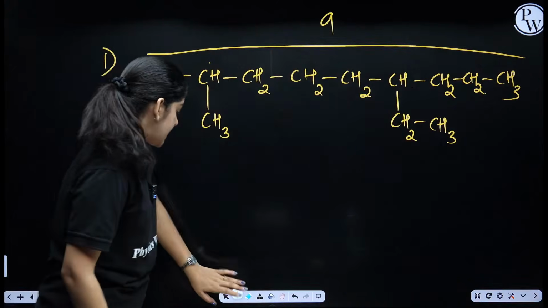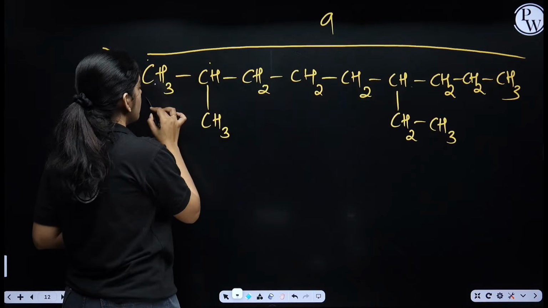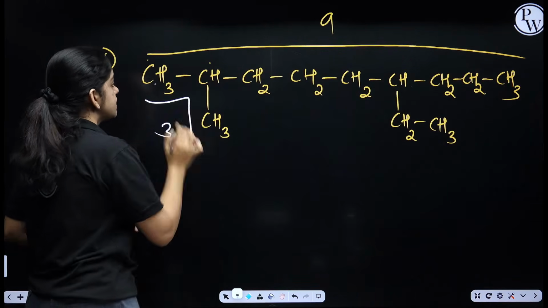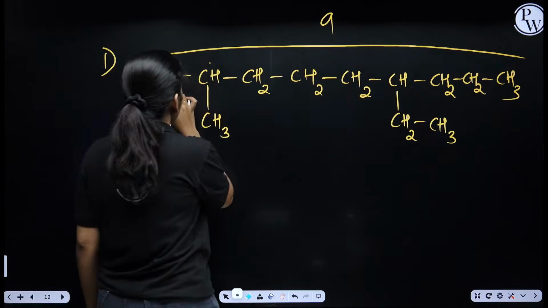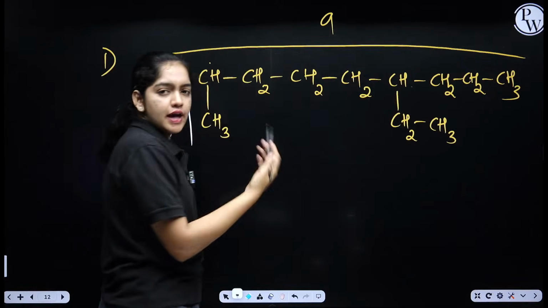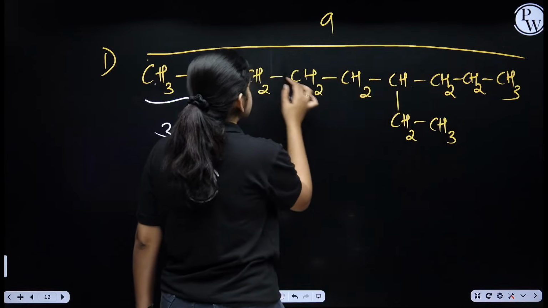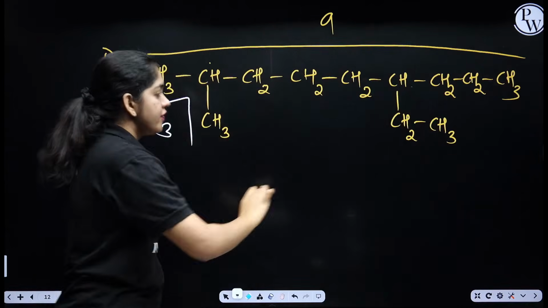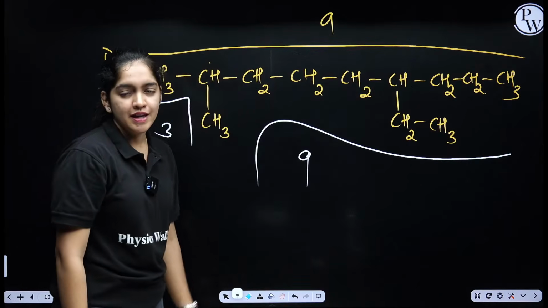Okay, the next one. We are going this way. 1, 2, 3. It stopped there. Only 3. Then we can come through this way. 1, 2, 3, 4, 5, 6, 7, 8. Is that possible? 8. No need. Then 1, 2, 3, 4, 5, 6, 7, 8, 9. If we come like this, also we will get 9. So which is the longest chain?